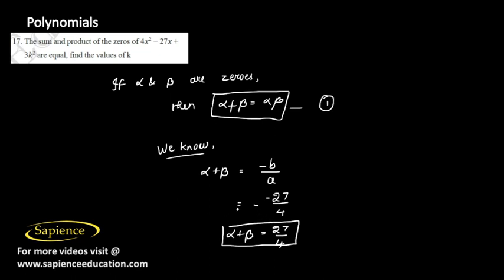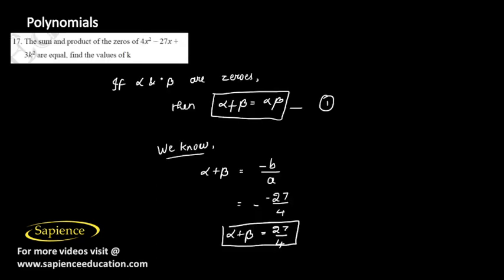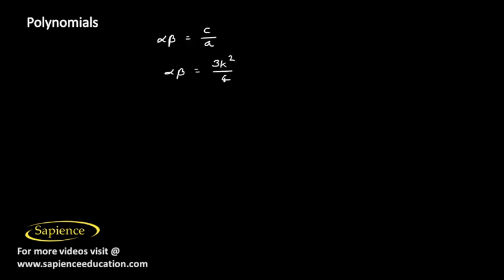And we also know the product of the zeros is constant term c divided by coefficient of x square, which is a. So alpha beta should be equal to constant value 3k square divided by coefficient of x square, which is 4. So we got this value as the alpha beta value.